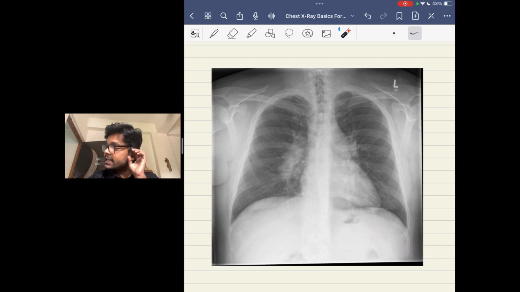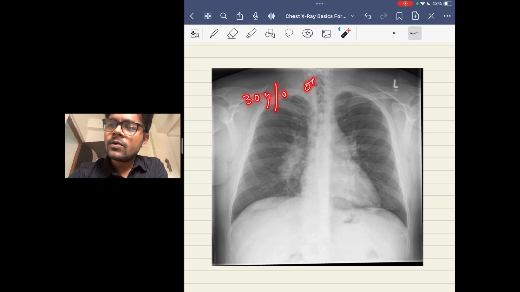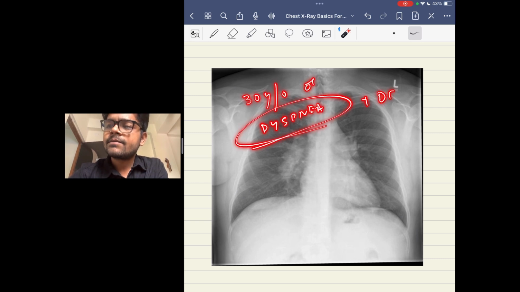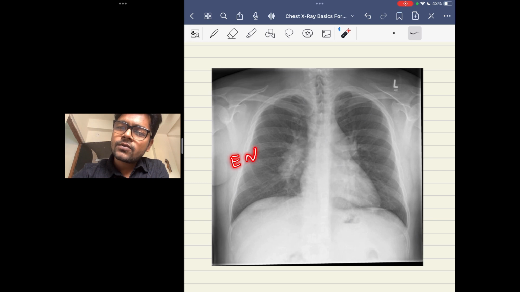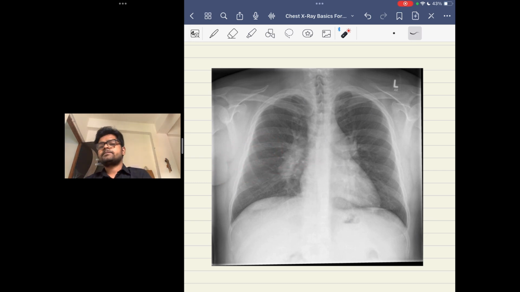So supposedly, if I tell you that this is a 30-year-old male who is complaining of dyspnea and maybe some dry cough, right? For let's say the past 3 months, and you are finding erythema nodosum on the shin.